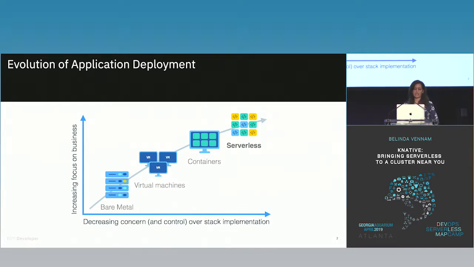Even more recently, we've had containers enter the scene where we're literally only managing the application code and its dependencies. We just package everything up into that container and hand it over to the platform to be run. That made things a lot easier, but there's still some management of infrastructure happening there, right? We need to manage our own runtime. We're managing our own application dependencies.